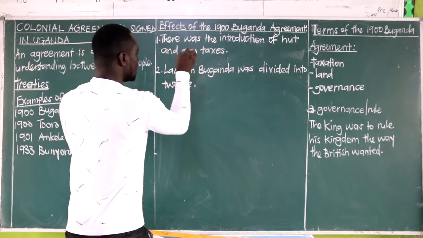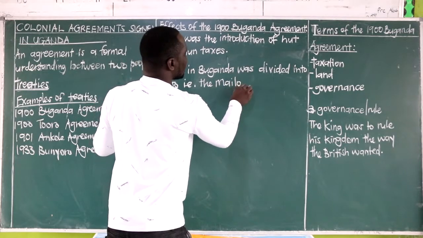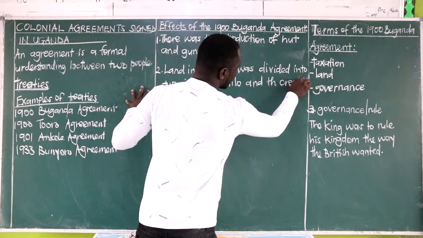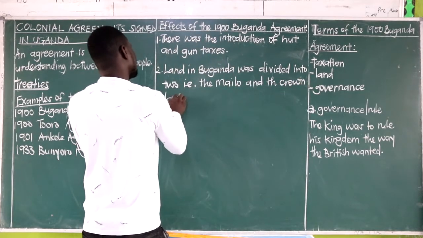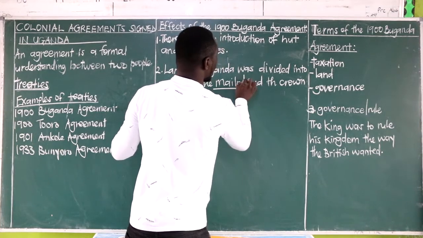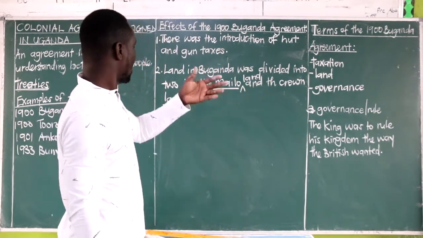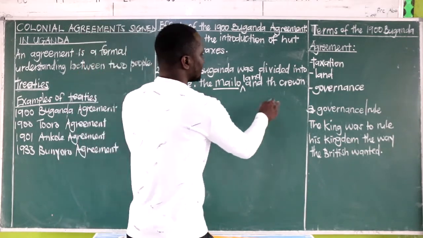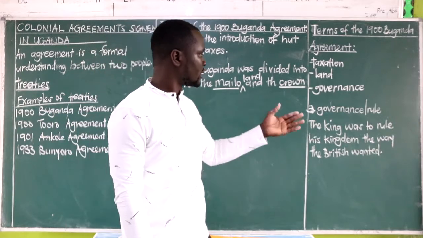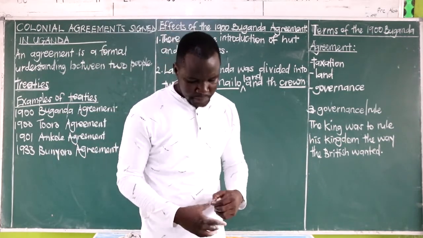That is to say, we had the Mailo land and the Crown land. The Mailo land and the Crown land. And we say the Mailo land was for the Kabaka and his chiefs, whereas the Crown land was for the British government. That is about land, and as it brings the effect.